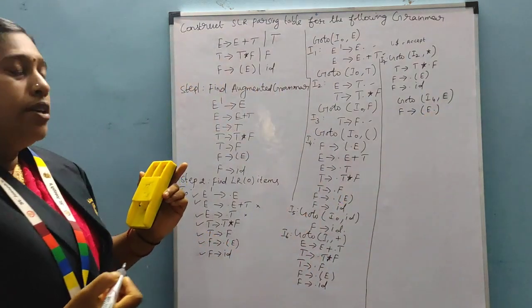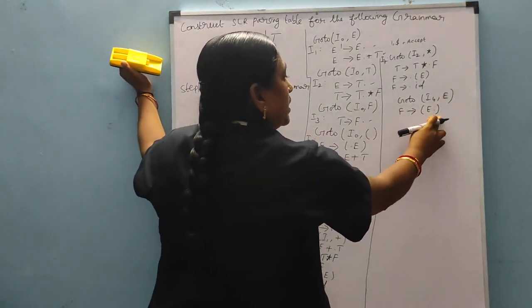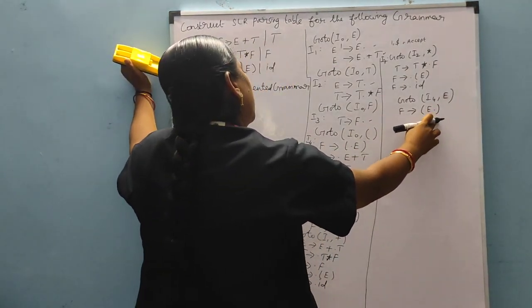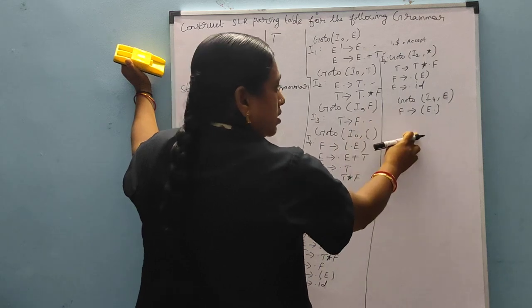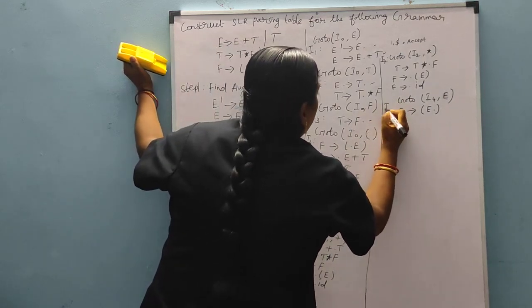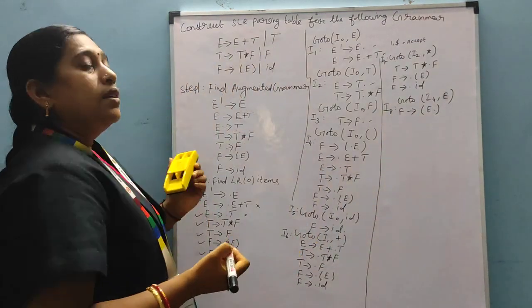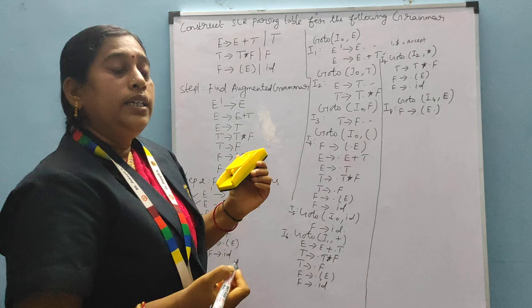Is this a new state or existing state? After the movement, there is a terminal result, so we cannot add anything in this state. Check whether it is a new state or existing. This is a new state, so we can write it as the I8 state.